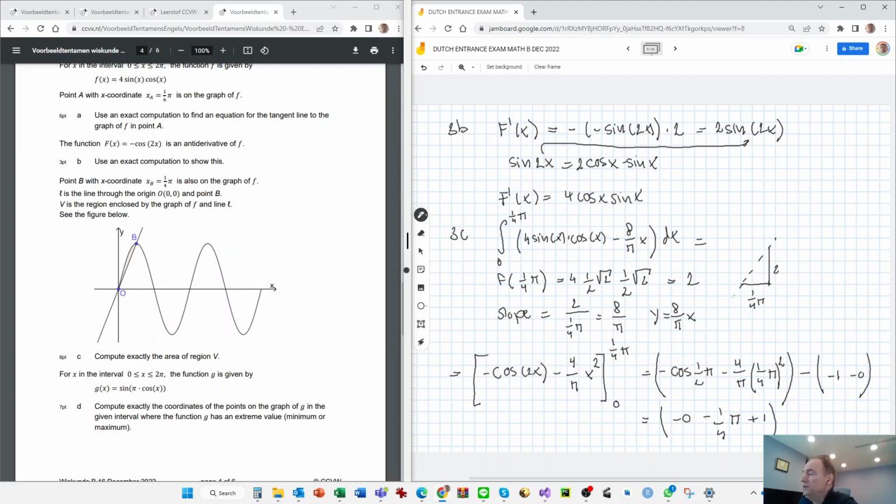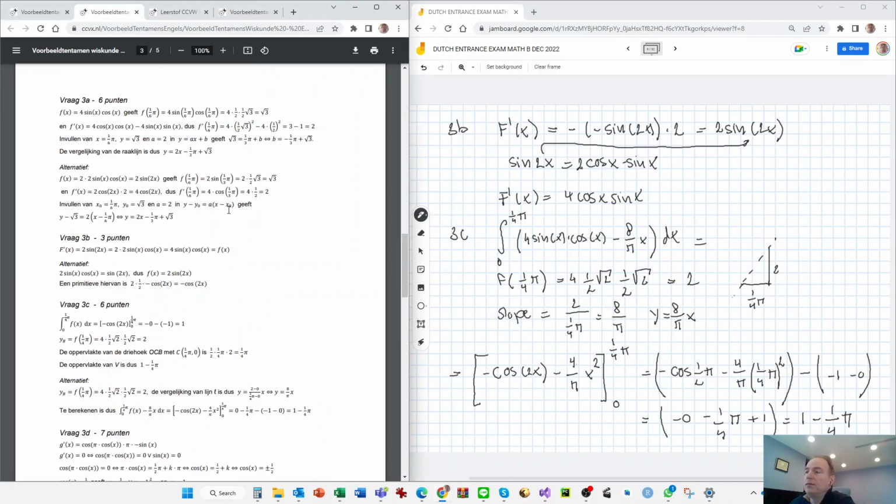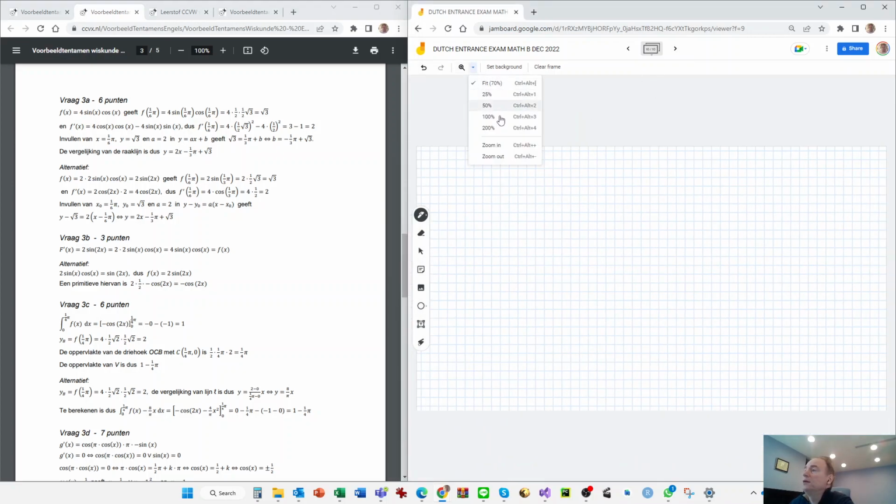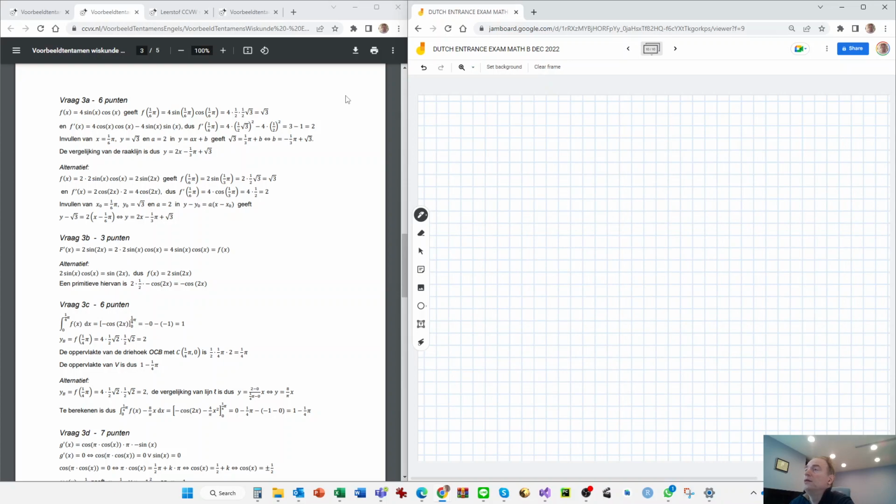So it is a 1, and then minus a quarter pi, which is a positive number, and should be correct then. Yeah, that's correct. Okay, goes to show I wouldn't have full grades for this exam probably.